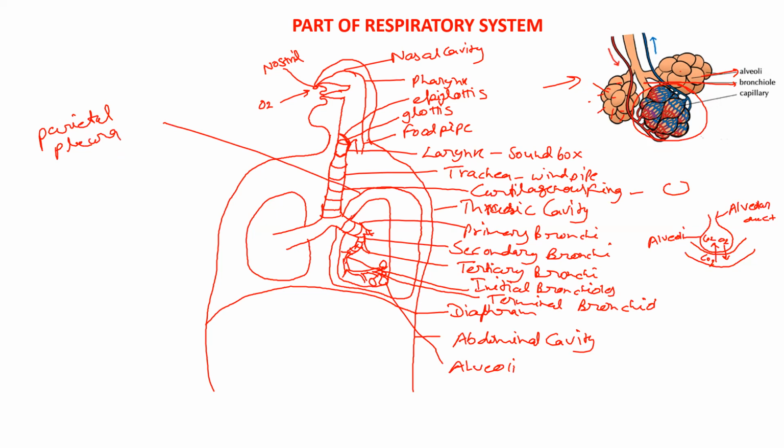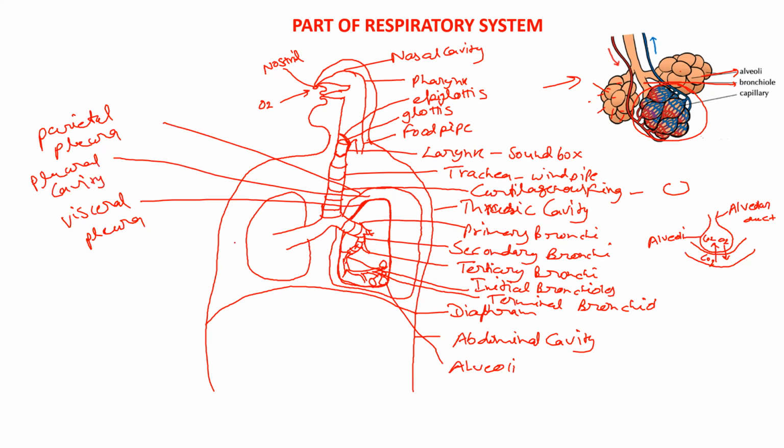And the membrane which is in contact with the lung, here, is called the visceral pleura, and the space between both membranes is called the pleural cavity. And what is filled inside the pleural cavity? Pleural fluid. So with the help of this fluid, both membranes overlap each other during respiration without friction. So this is the human respiratory system.